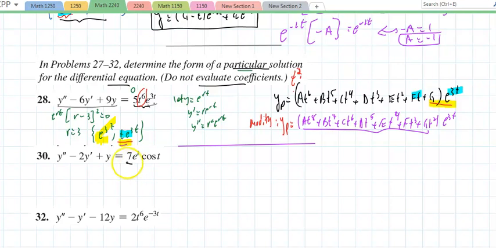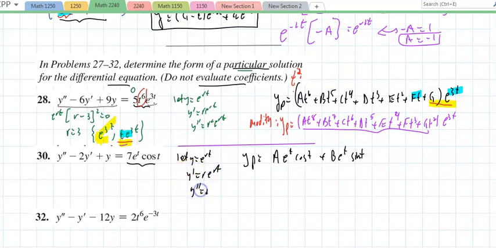Same deal here. Before I go ahead, so far the particular solution is a combination of this. So that's going to be A e to the t cosine of t plus B e to the t sine of t. Unless, for the complementary solution, I let y equal e to the rt, y prime equal r e to the rt, and y double prime equal r squared e to the rt.